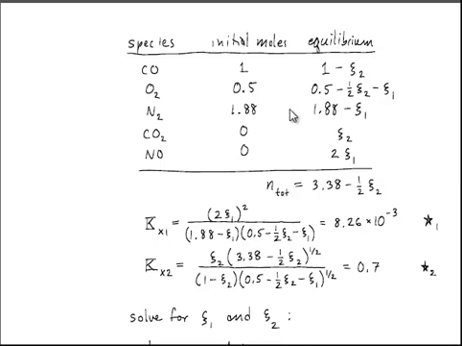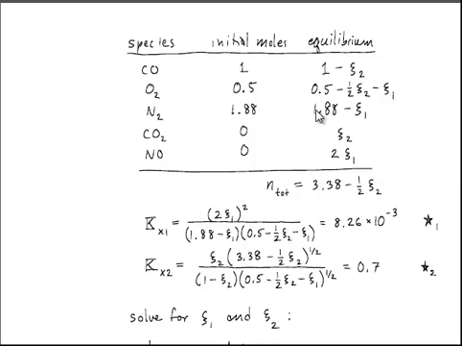So we have 0 carbon dioxide and 0 NO at the inlet. After this reaction proceeds to equilibrium, the second reaction will have gone an extent Xi2, so that will leave 1 minus Xi2 moles of CO remaining.